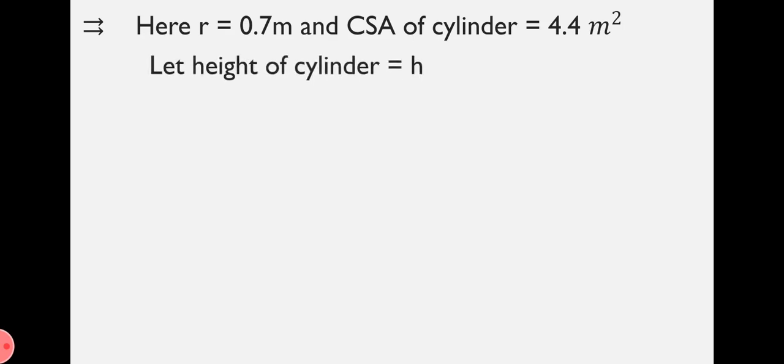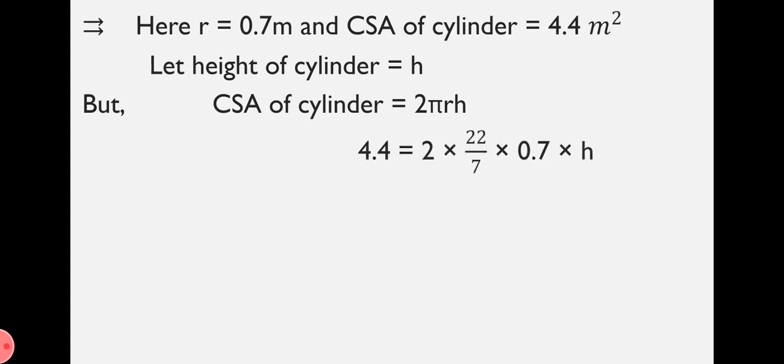We have to find the height of the cylinder, so suppose the height of the cylinder is equal to h. We know that for curved surface area of cylinder we use the formula 2 pi r h. Now curved surface area is already given, 4.4, so we insert the value: 4.4 equal to 2 into 22 upon 7 into 0.7, which is the radius, into h.